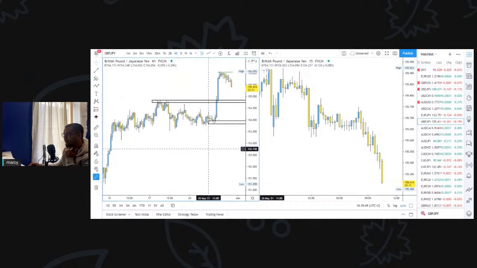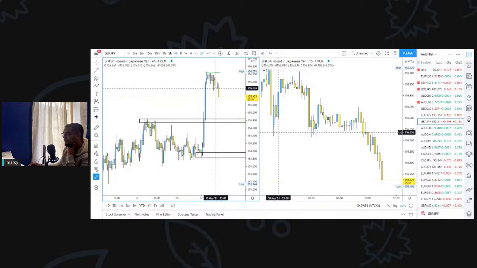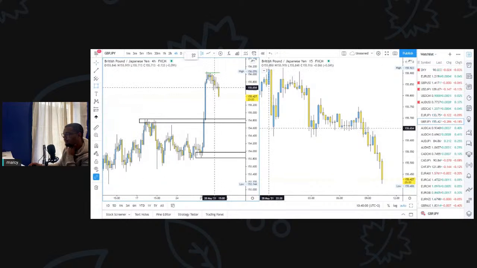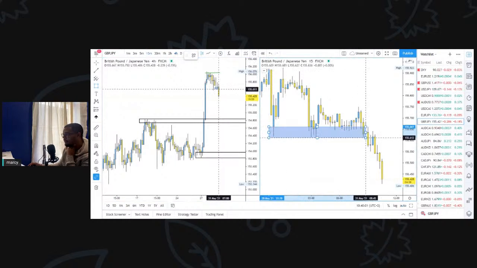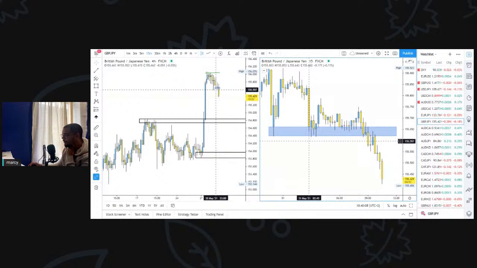Let me see. How far is it? Okay, there's still some space. I should have taken a note of this pair earlier when we broke out. Right there. Okay, there's still some space.